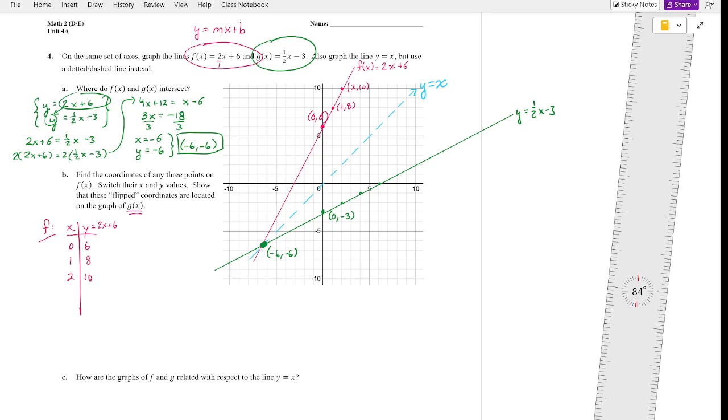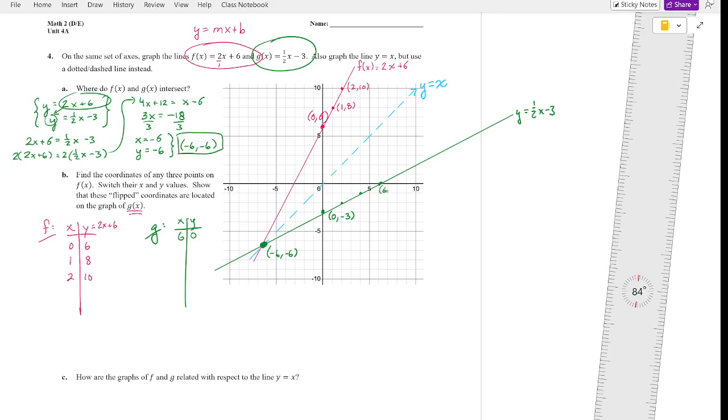You can get these y values just by plugging in 0, 1, and 2. So on g, we want to show that the flipped coordinates are on there. That means instead of x being 0 and y equaling 6, I want to show that when x is 6, y is 0. And if you actually look at it, that was one of the points that we plotted right here, (6, 0).